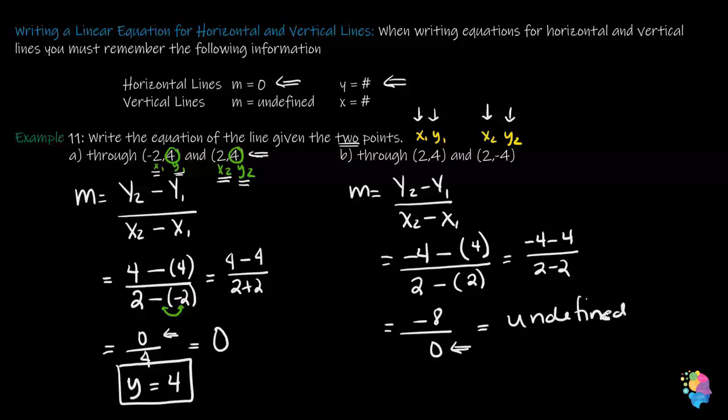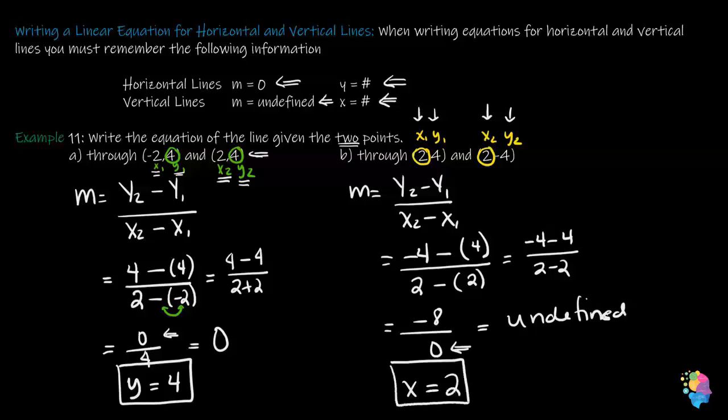Because the slope is undefined, I know the equation would be x equals a number. And when I look at both points, they have the same x, x is 2. Then my equation is going to be x is equal to 2.